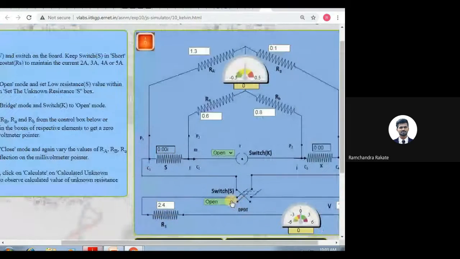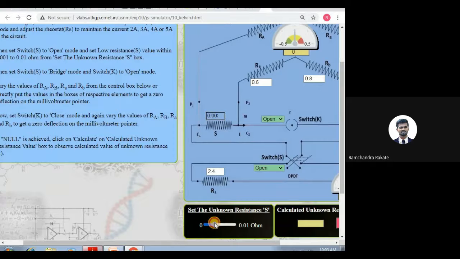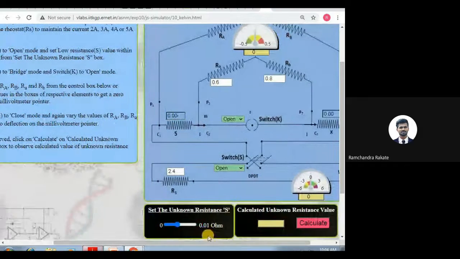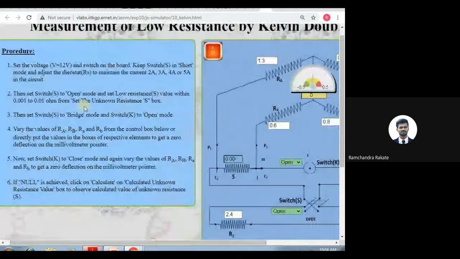Okay, this is open mode. Yes, this is low resistance. There is a change in notation. S is the notation, so we have to keep it. I will change it here. You can observe now it is not actually showing here, but it is 0.004. Now move to the next one.